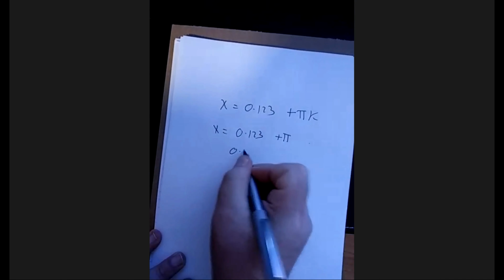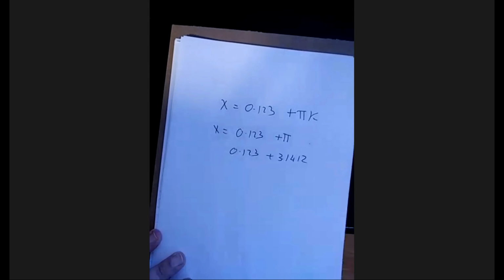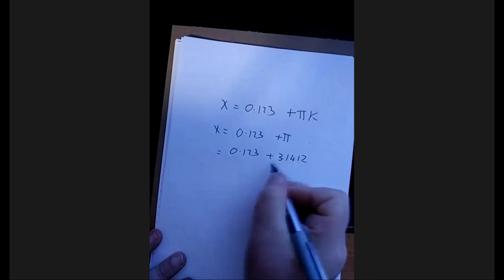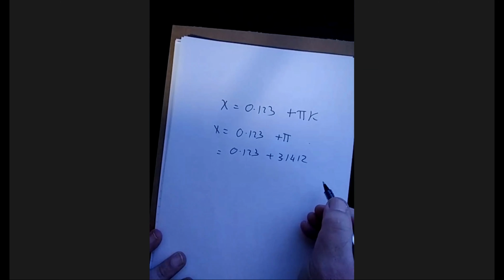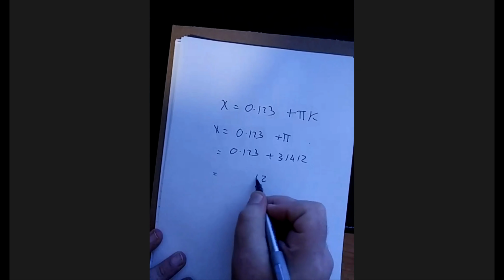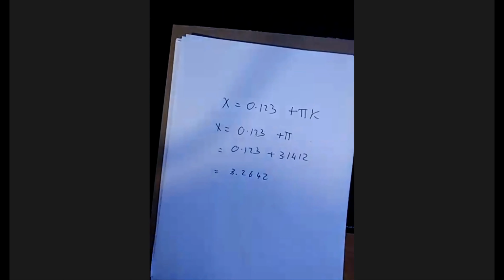Well, pi is on your calculator, but roughly it's 3.1412. So you just add them together in the usual way. And you would get, what would you get? 3.2642. I thought isn't there a different way to do it with sine and cosines? Well, when it's sines, you add 2 pi. And when it's cosines, you add 2 pi k.